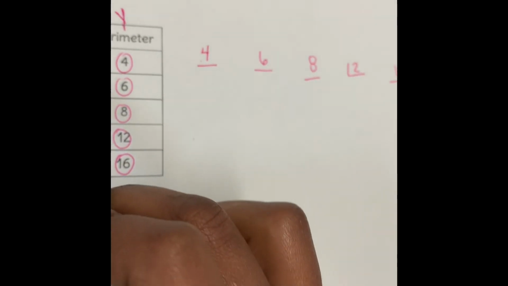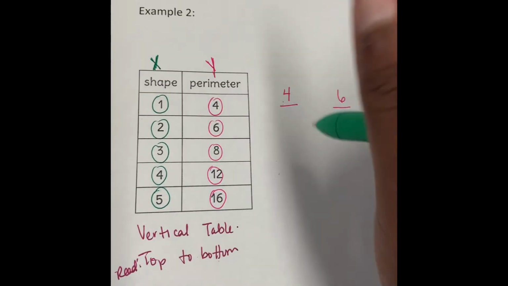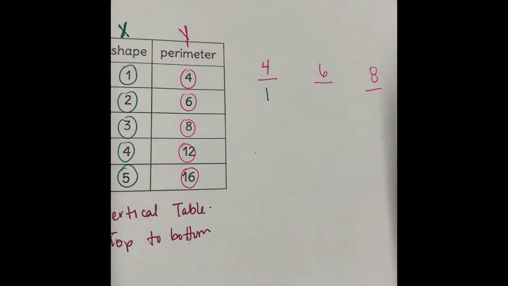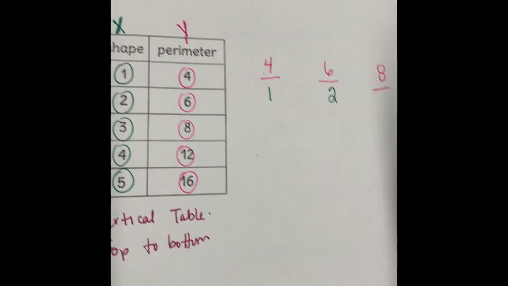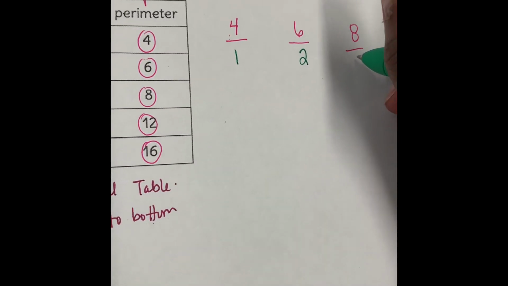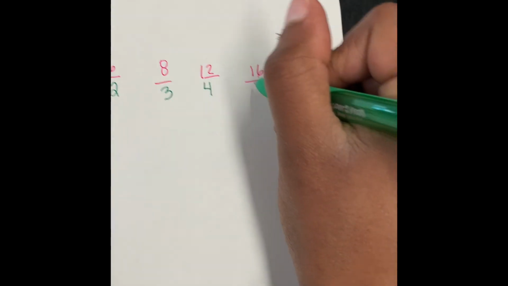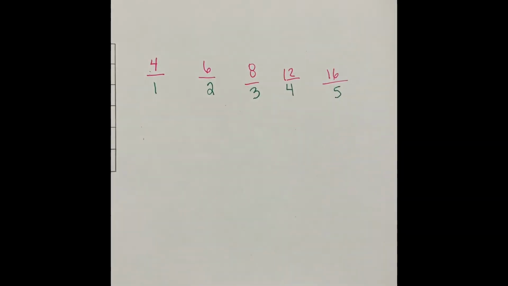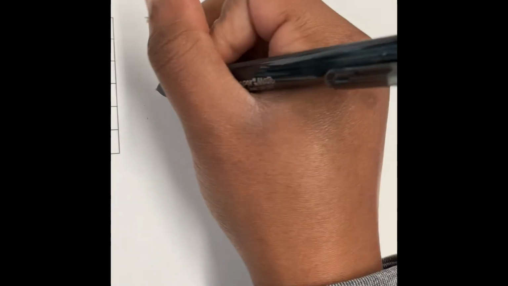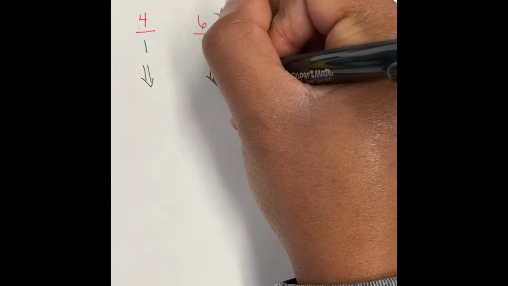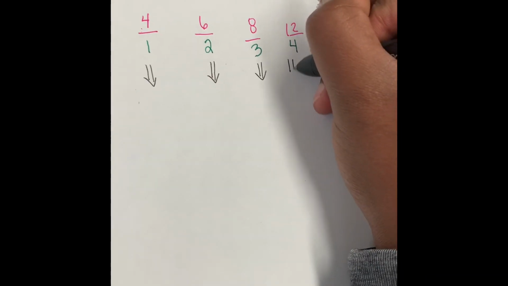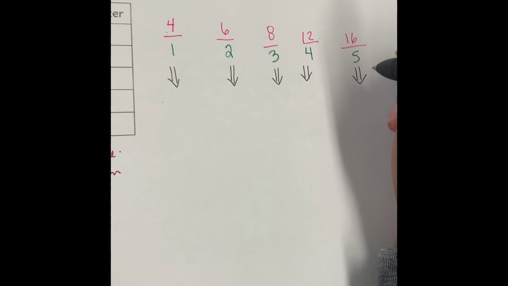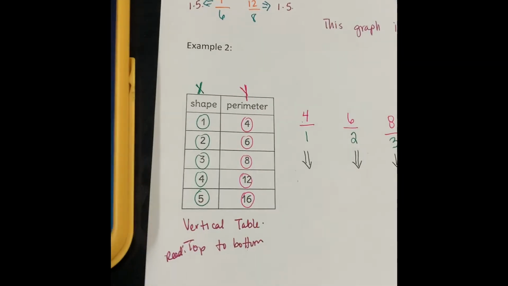If I do my corresponding values, 4 corresponds with 1. 6 corresponds with 2. 8 corresponds with 3. 12 corresponds with 4. And 16 corresponds with 5. So I'm going to do my math and draw my arrows here. The way I wrote it on the paper, I didn't leave much space, which is why I'm not going to go to the side. So again, I can use my calculator.